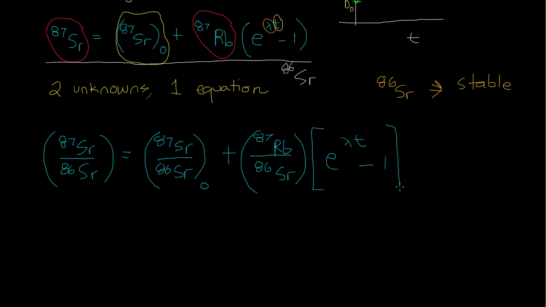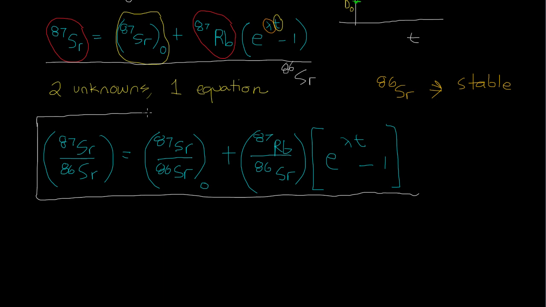This is the equation that's actually used by isotope geologists. It looks just like the other one, except that we've divided all the isotopes by the stable isotope strontium 86. And the reason we did that is because it's easier to measure isotopic ratios than pure isotopes.